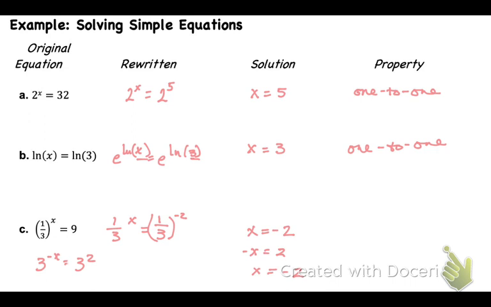I could have made it 9 to the negative 1/2 x equals 9 to the 1st. Couldn't I have? So then I would get negative 1/2 x equals 1, multiplied by the reciprocal, and I still get negative 2.